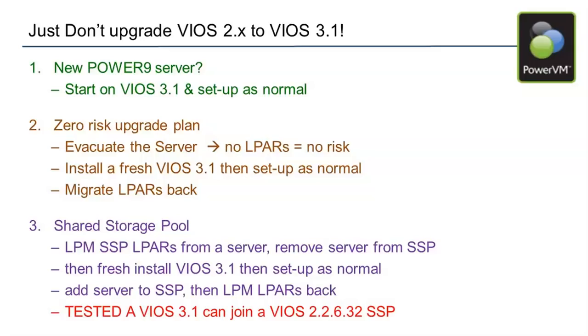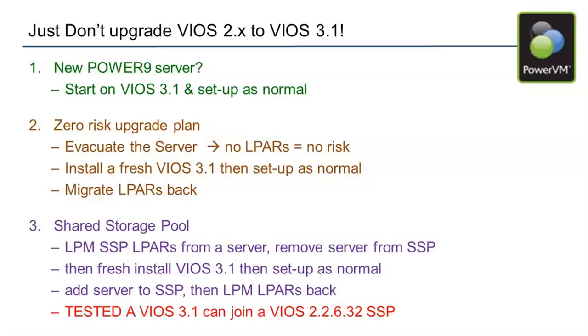And I noted I actually did this test just before one of the technical universities, or the night before. And yes, you can do that. If you have VIOS servers that are running like VIOS server 2.2.6, and you take some VIOS servers out of the pool, you upgrade them to 3.1, you can add them to a pool that has one back level of virtual I/O server in the pool.